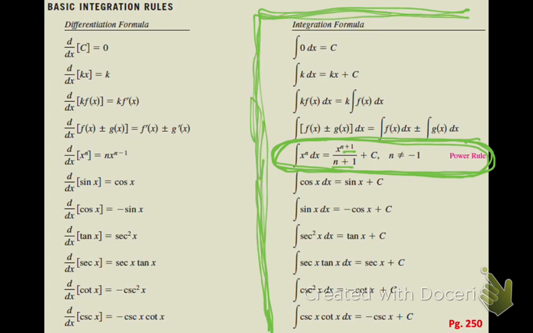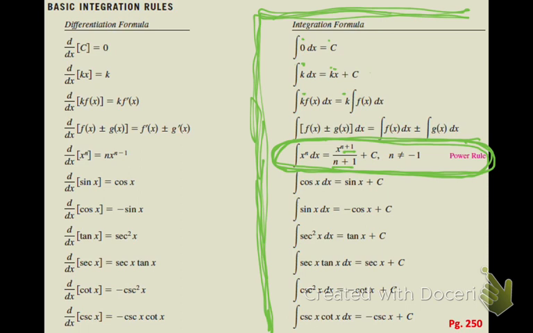Now, I will want to point out real quick again, the integral of 0 is a constant, yes? The integral of a constant is that constant times the variable, dx, whatever you're doing, plus c. We have the constant rule. We can kick it out in front of the integral.